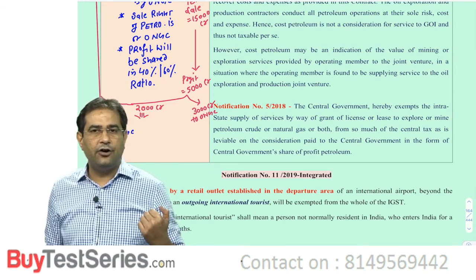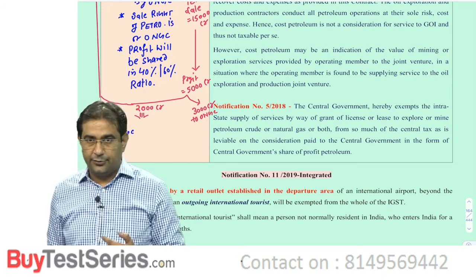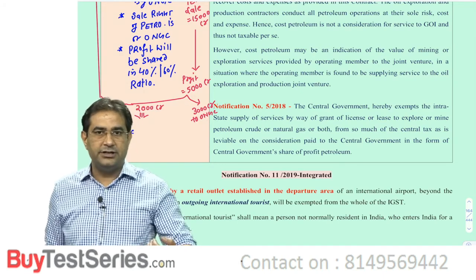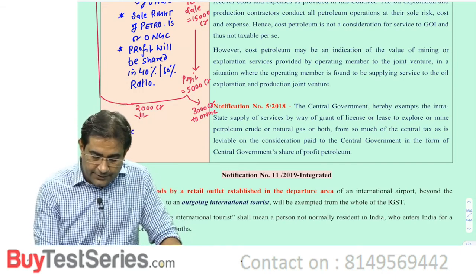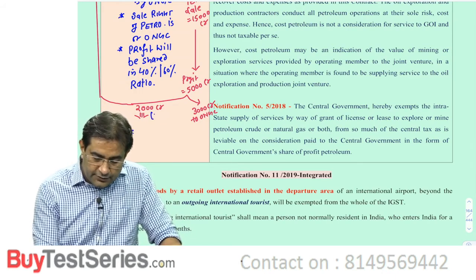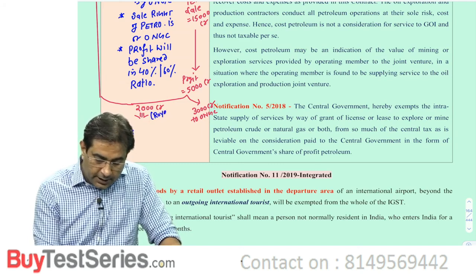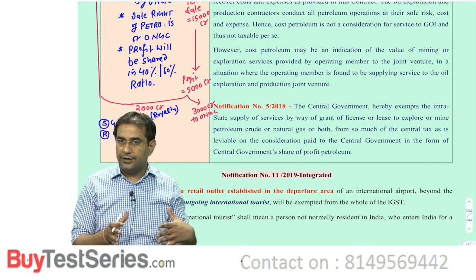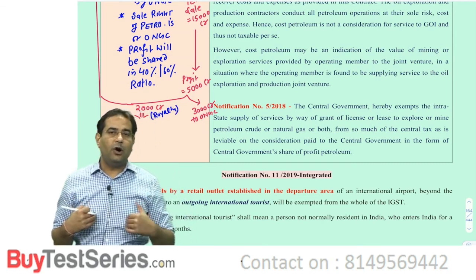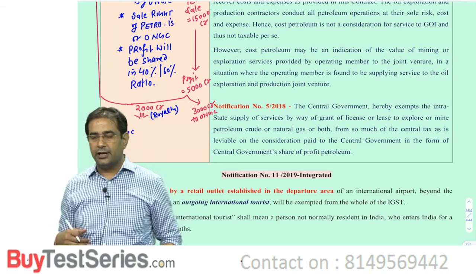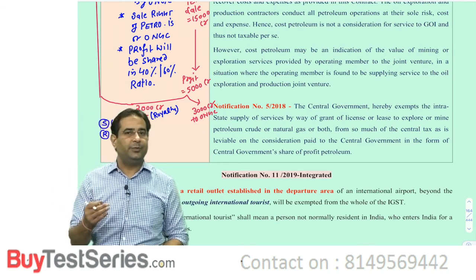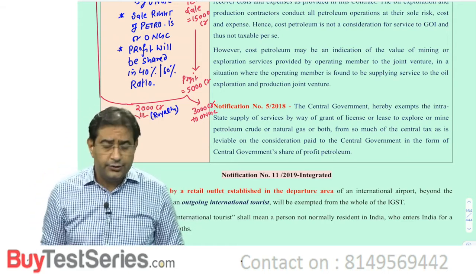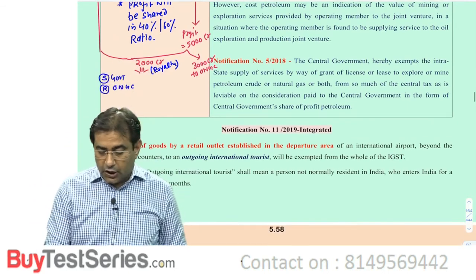It's a kind of license provided by the Government of India to ONGC, and in consideration ONGC gives 2,000 crore, which can be termed as a royalty. The share in profit is what the government gets for giving the license to drill. So finally, whether 2,000 crore would be liable to GST or not.